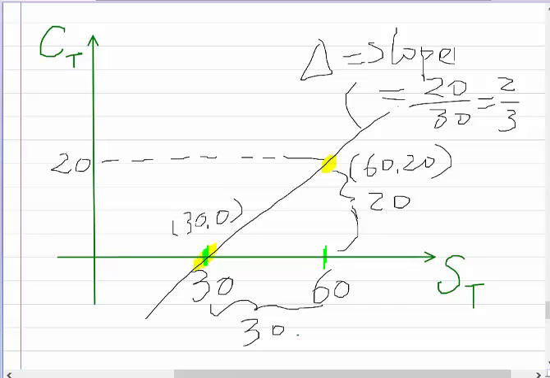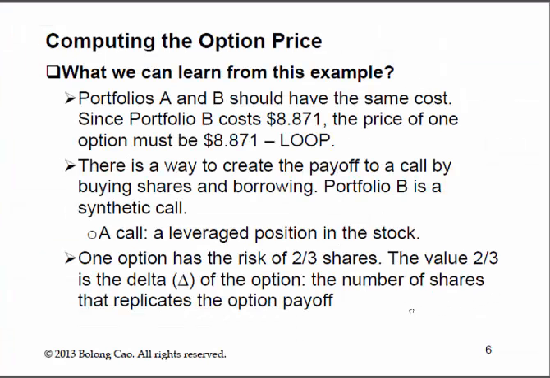There are just 2 points on this plane. One is 30, 0, the other is 60, 20. And their relationship is this delta, 2/3. Again, this delta can help us to get the correct number of shares in the underlying in order to replicate the option payoff.